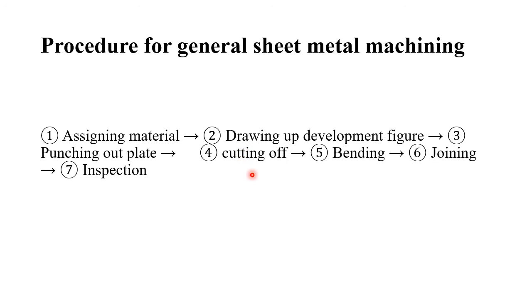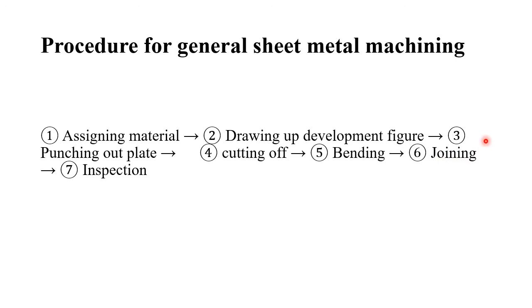After cutting, what is next? It is bending. We bend according to how we need our product to be. After bending, we make the joint. This joining may be done by welding or by seaming, depending on the final product you wish.